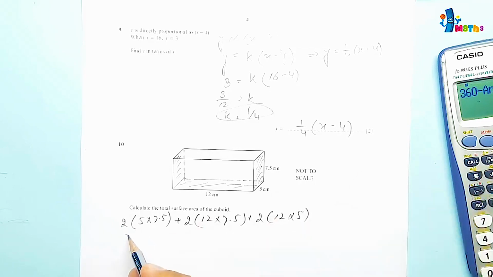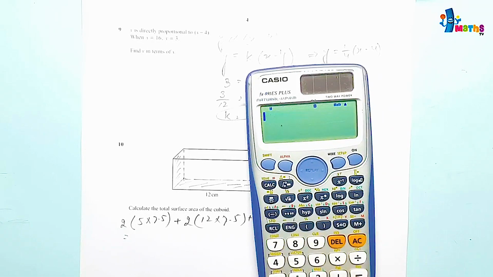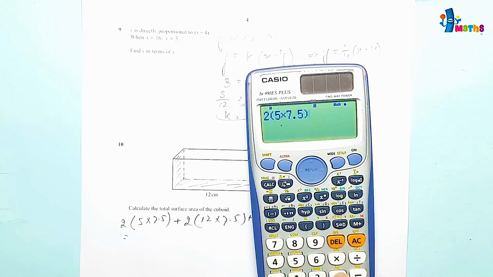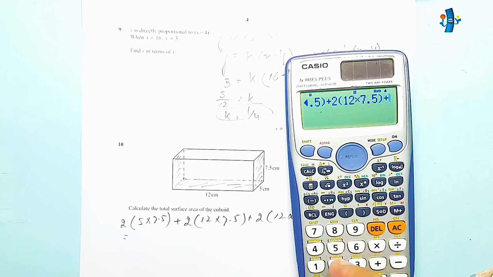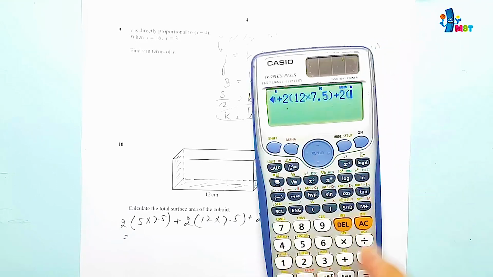Now we have to just calculate these. 2 into 5 multiplied by 7.5 plus 2 into 12 into 7.5 plus 2 into 12 into 5.